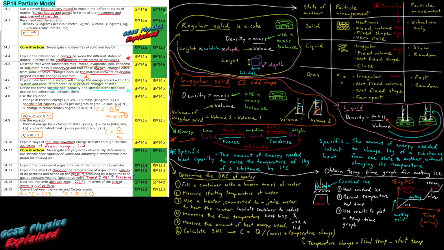Once it reaches a change of state again and changes from a liquid into a gas, once again you'll end up getting a flat part, which is your plateau. Because there's no change in temperature on these plateaus, that's when you'd use this equation here, Q equals m times L. You'll notice there's no change of temperature involved when you're using the specific latent heat as it's changing state.